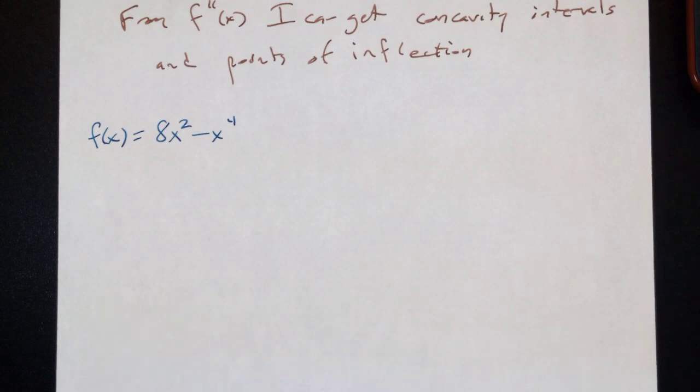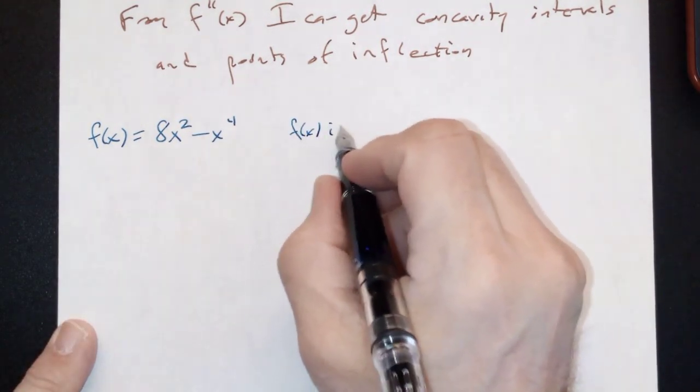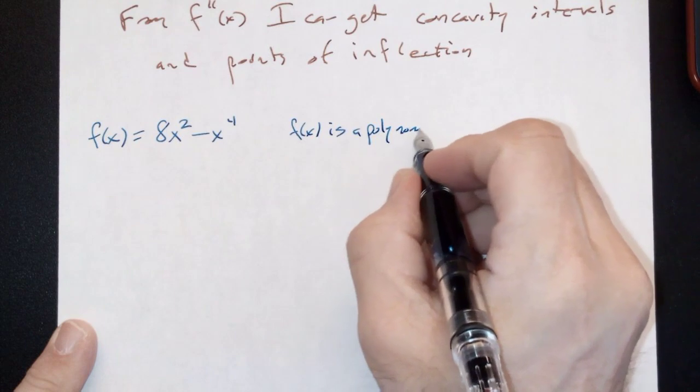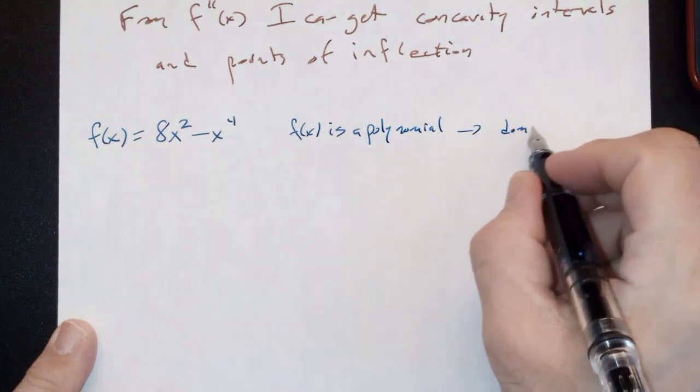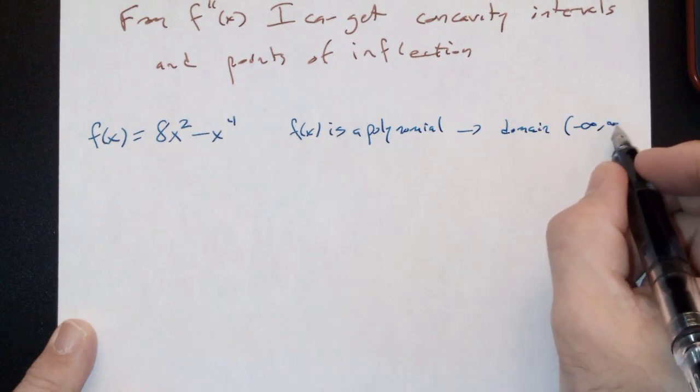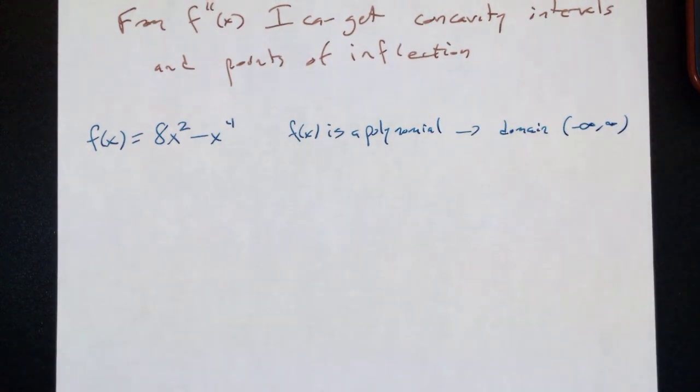Okay, so we look at this function, and I say to myself, what kind of function is this? It's a polynomial. Where are polynomials defined? Everywhere. Means I can plug in any number you want. And that means that I can find intercepts.